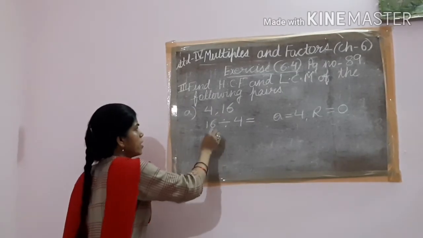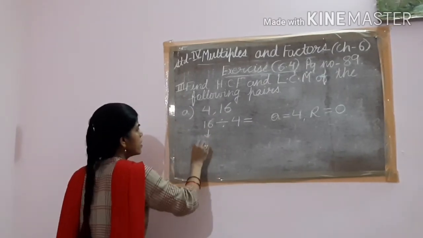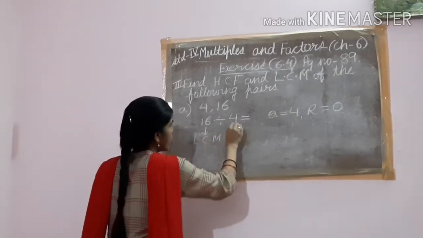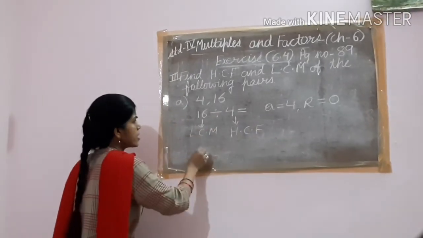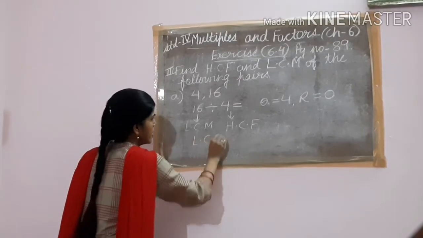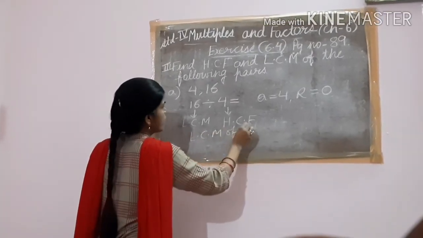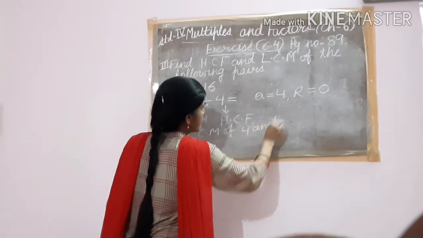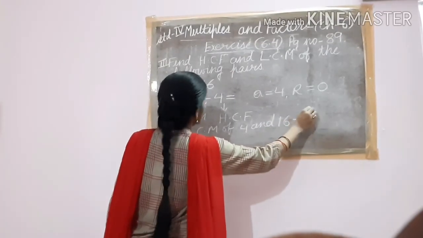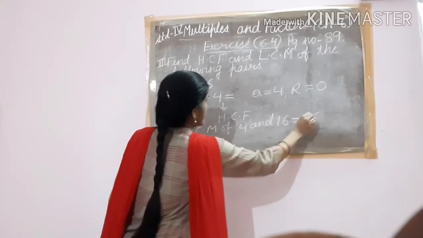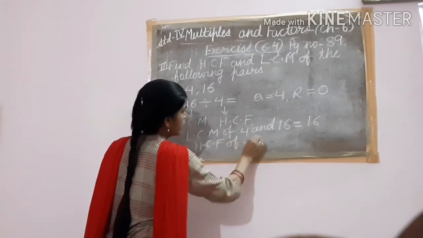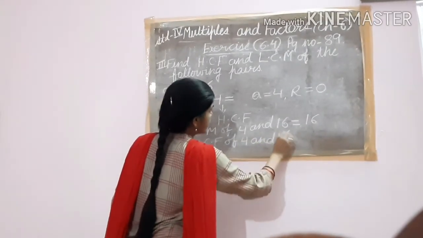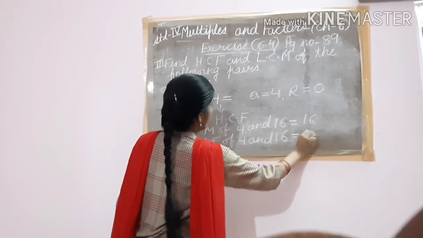Then the bigger number is the LCM and the smaller number is the HCF. So here, children, it's easy. You can write LCM of 4 and 16 is equal to 16 and HCF of 4 and 16 is equal to 4.